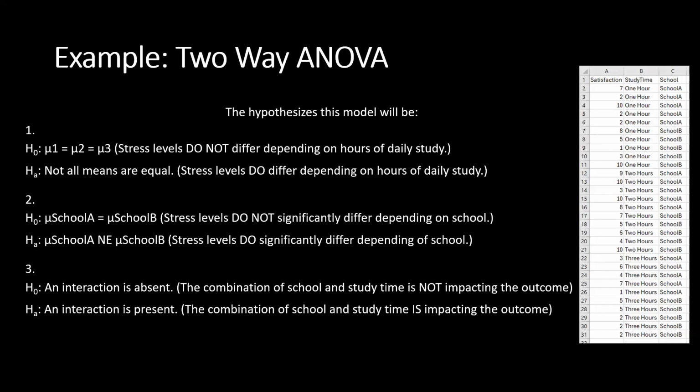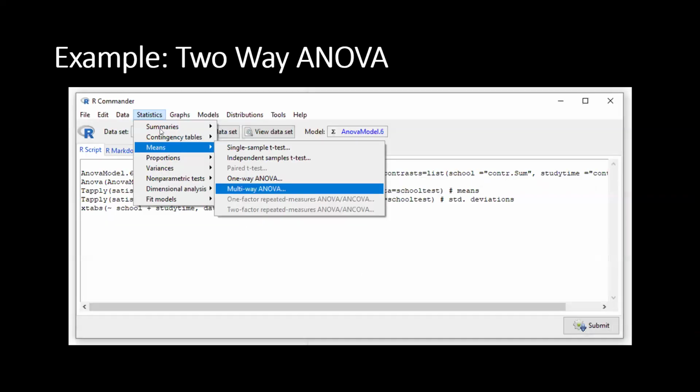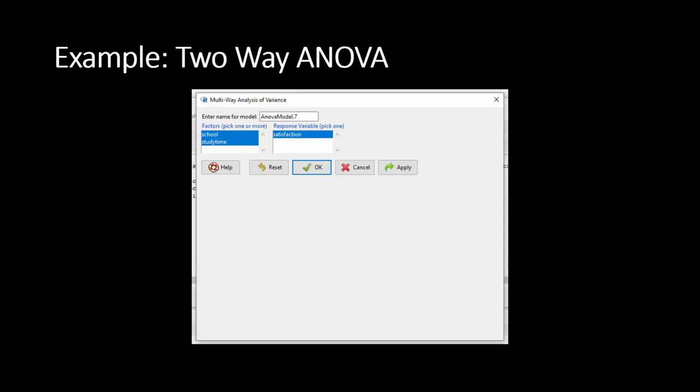So if we wanted to perform this analysis, this 2-way ANOVA methodology of analysis in RCommander, we first have to make sure that this data has been successfully imported. We then would go to statistics, means, multi-way ANOVA, and this is in RCommander. Our factors are school and study time.